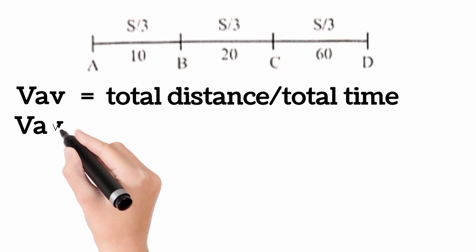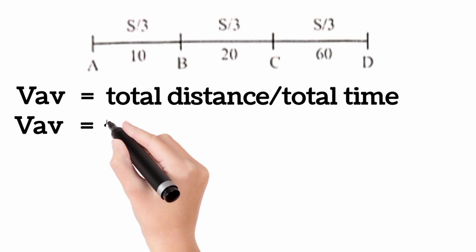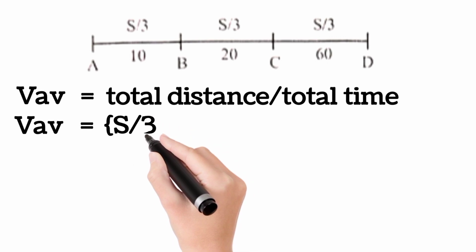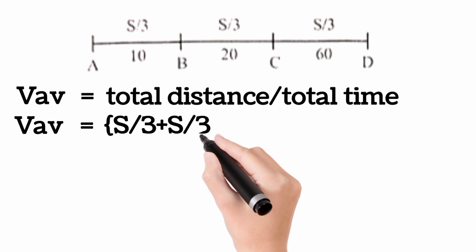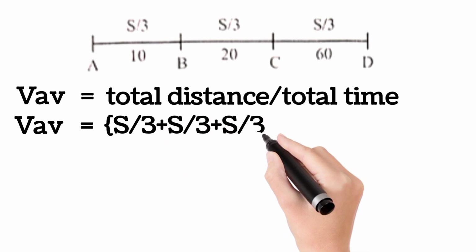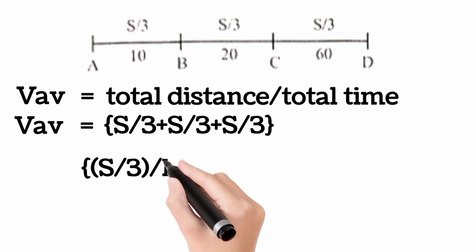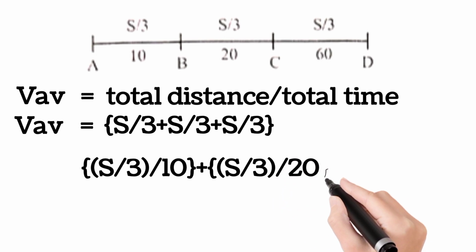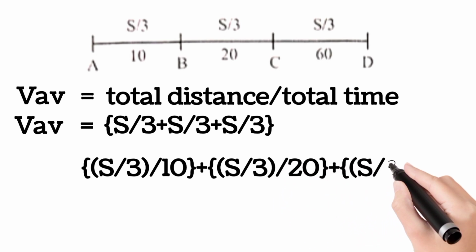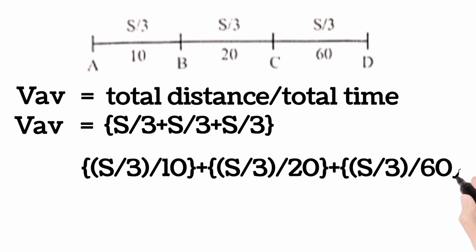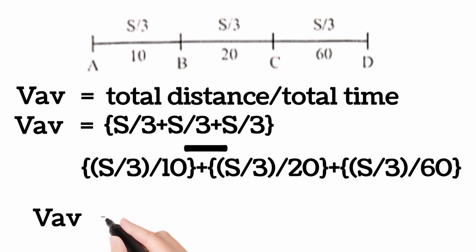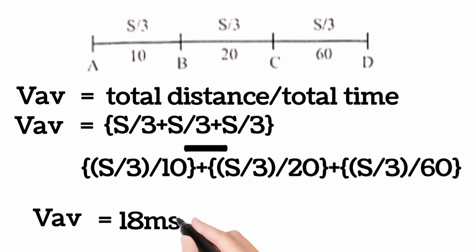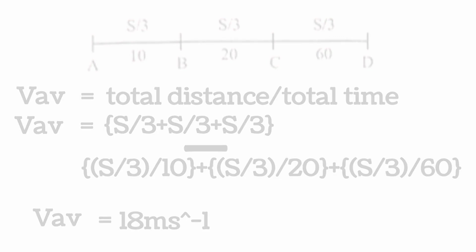V average is equal to S divided by S/3 over 10 plus S/3 over 20 plus S/3 over 60, which is the value of the time, and their ratio gives the average velocity. Hence the average velocity of the body is 18 meters per second. The correct option is 18 meters per second.